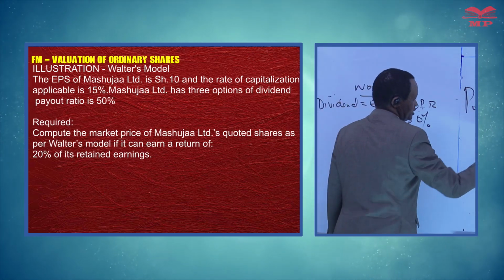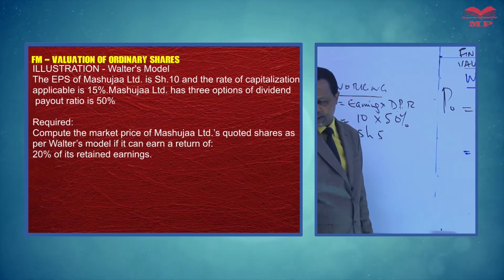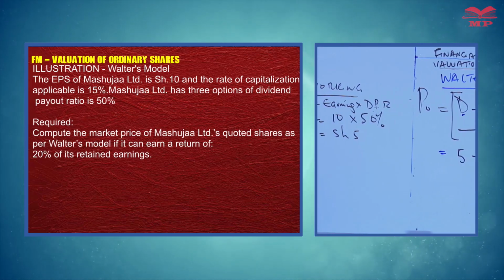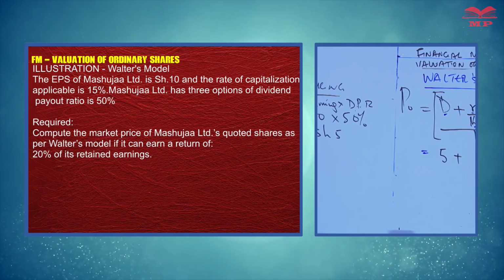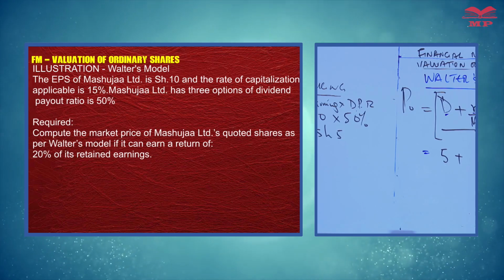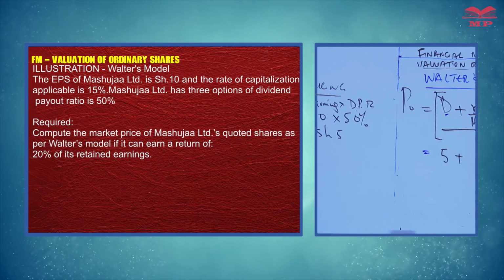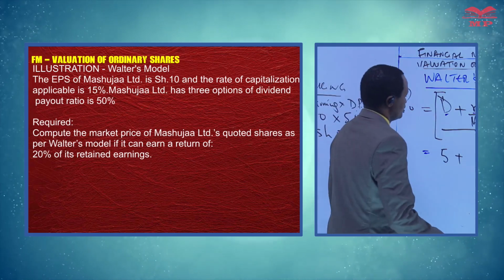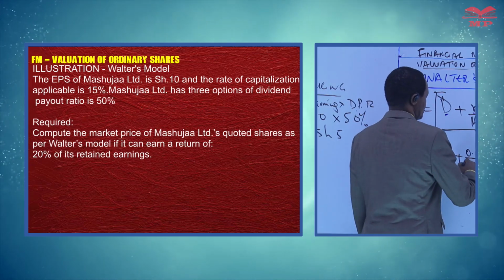So D is 5 shillings plus the rate. What is the rate from the question? If it can earn a return of 20%, so that is the rate. Cost of equity, we have it. The capitalization is 15%. So 20% converted into decimal is 0.2. 15% converted into decimal is 0.15.